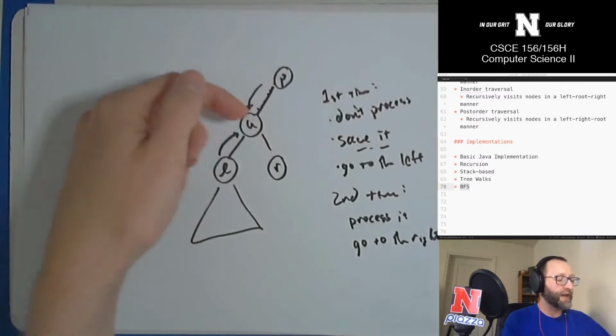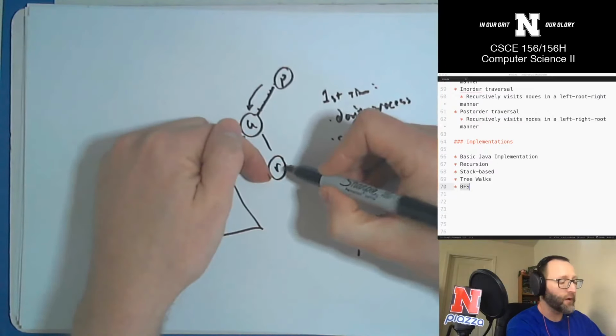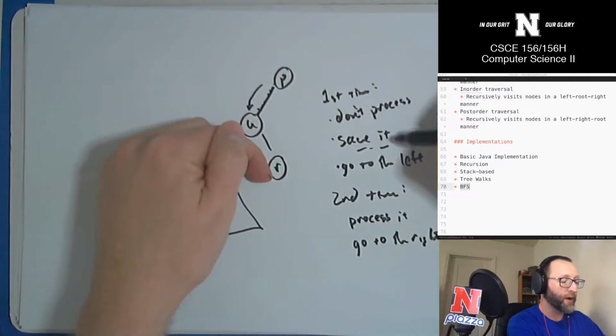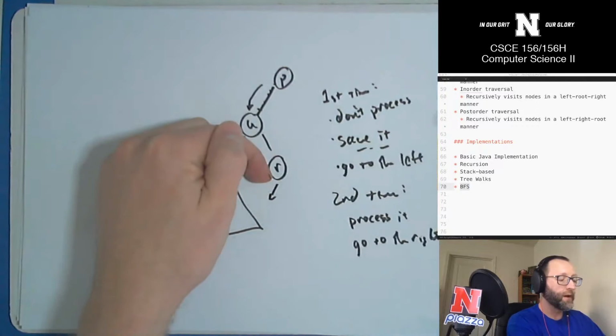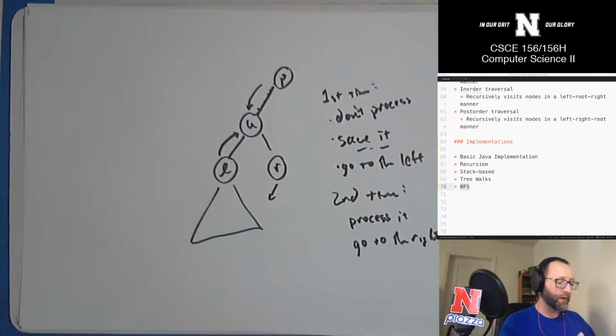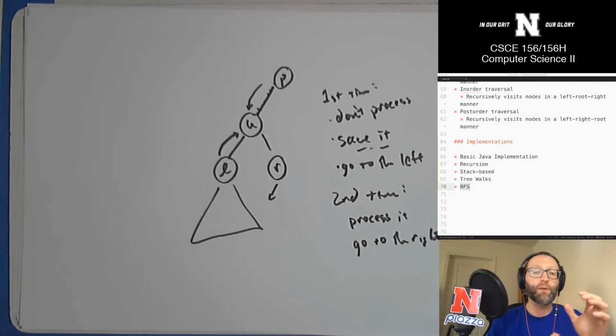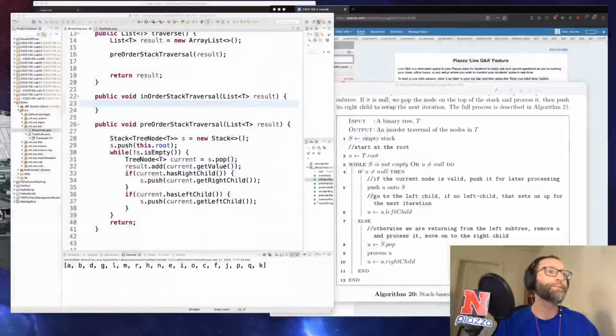And then, of course, that'll be the first time that we've seen that node, and so we don't process it, we save it, and we go off to the left on that subtree there. So all we need to do is distinguish two cases. Is this the first time that we've seen this node because we've come down from the parent, or is it the second time that we've seen this node because we're returning from the left child? That's what this pseudocode over here does.